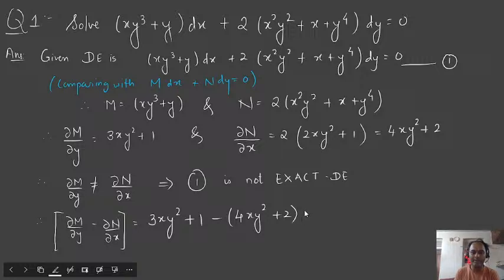On simplification, we get minus xy square minus 1.